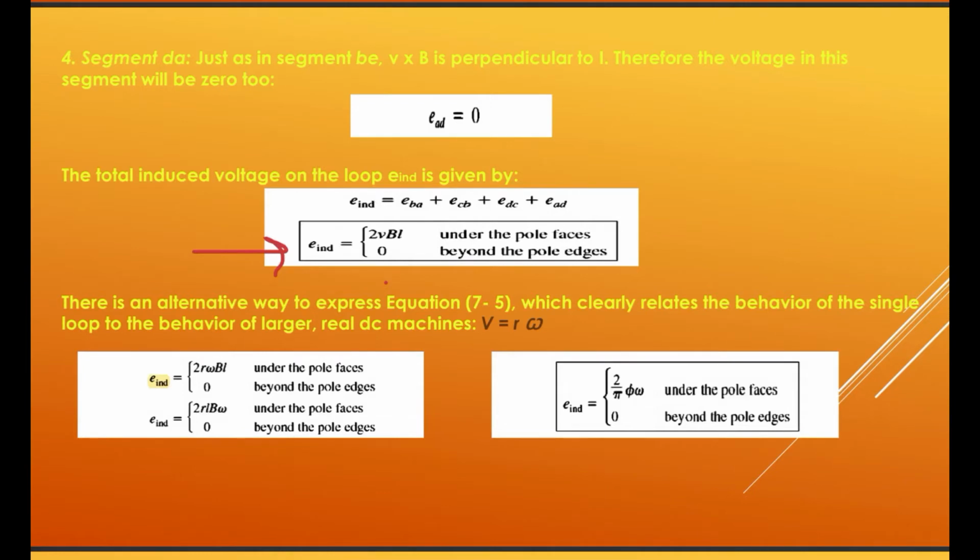There is an alternative way to express equation 7.5, which clearly relates the behavior of the single loop to the behavior of a larger DC machine: VR, velocity equals radius multiplied by omega. We can write this equation also as E induced is equal to 2 over pi, omega multiplied by flux.